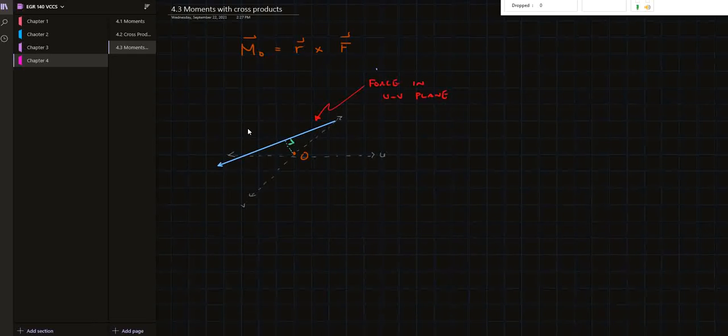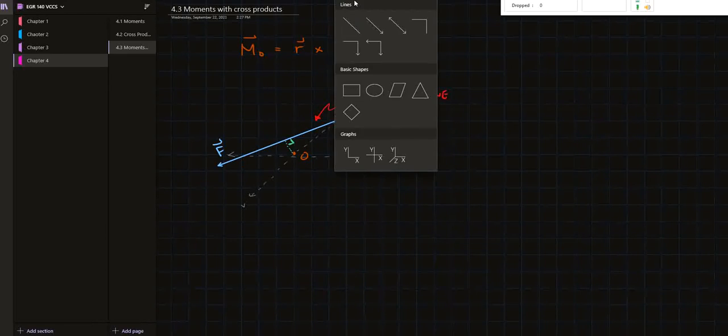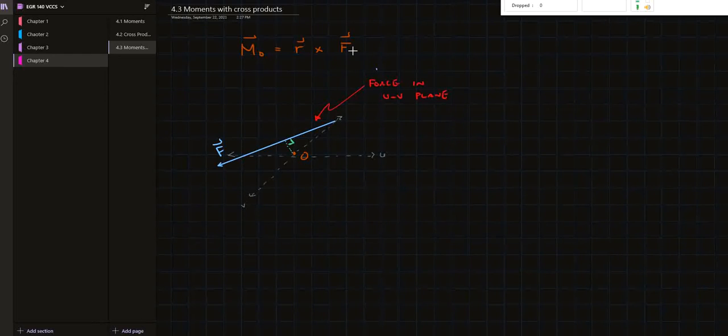Well, we can take this force, now let me call it an F for a force, and I can cross it with a position vector that originates from O, the point that I want to get the moment about, and heads out here to this force.